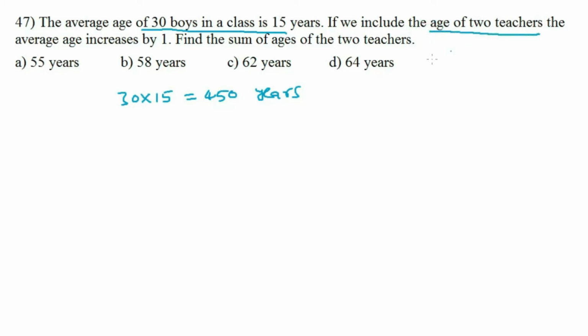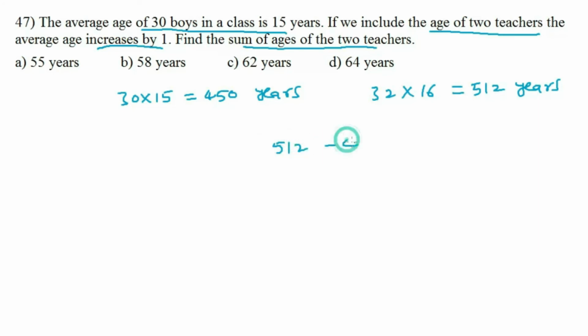So 30 boys plus 2 teachers, 32 into 15 years, and average age is increased by 1 year. So 15 years plus 1 year, 16 years. 32 into 16 equal to 512 years. Therefore, sum of ages of the 2 teachers equal to 512 years minus 450 years equal to 62 years. Option C.